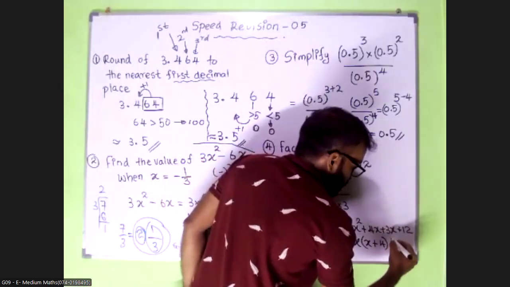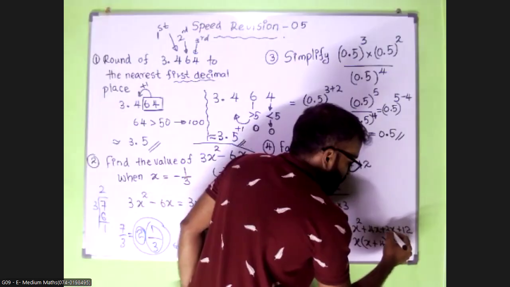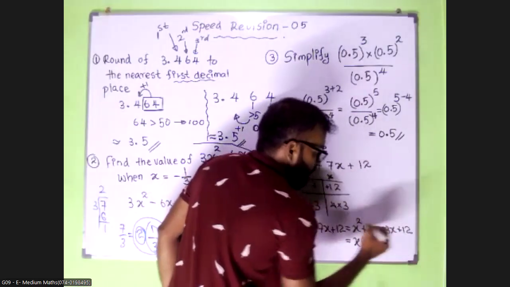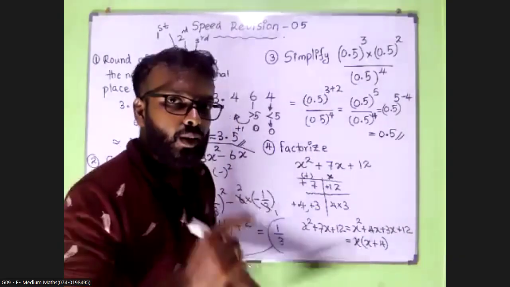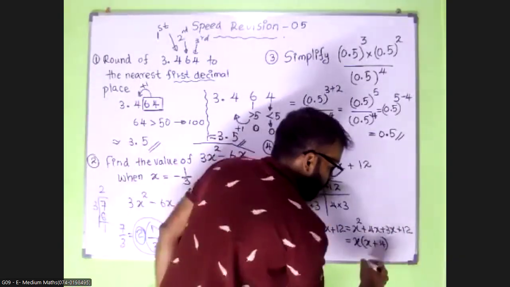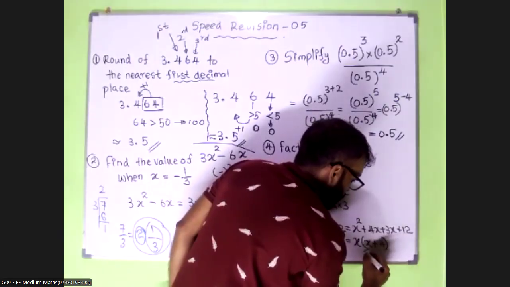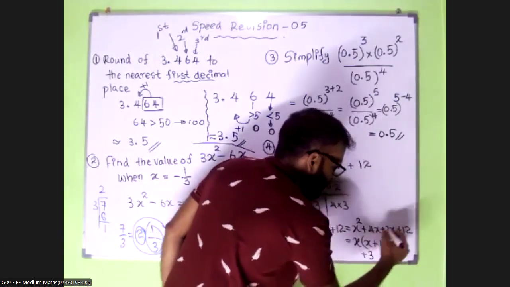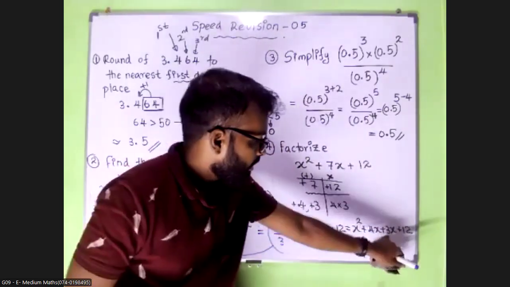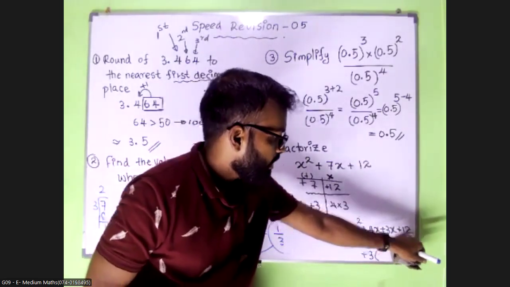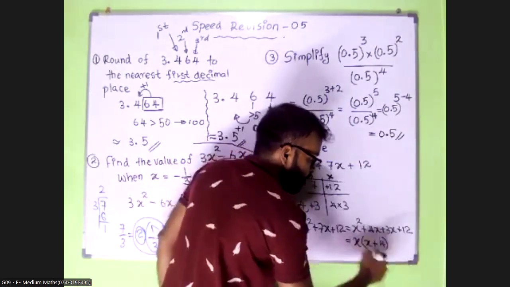So then, what is the number that you need to take out from 3x and 12? It should be positive 3, the common term. So you are going to take out positive 3, and it will give you x plus 4. So the same term, x plus 4, should be obtained now.